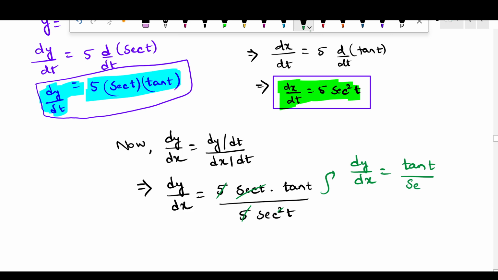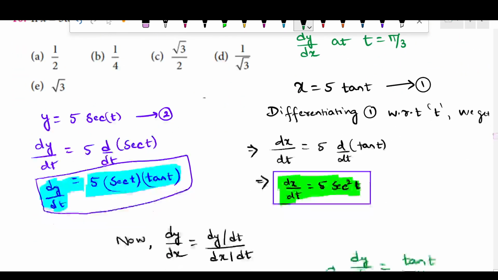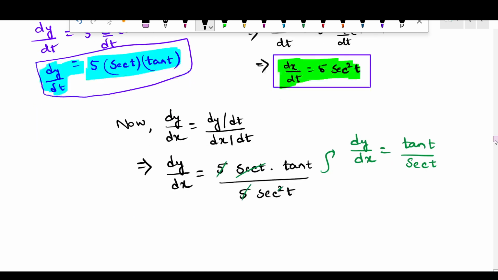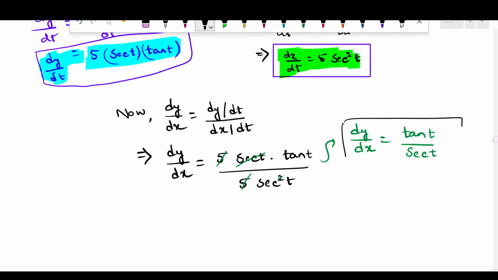But in the question we are asked to find the value of dy by dx at the point t equals pi by 3. So we have to put t equals pi by 3.